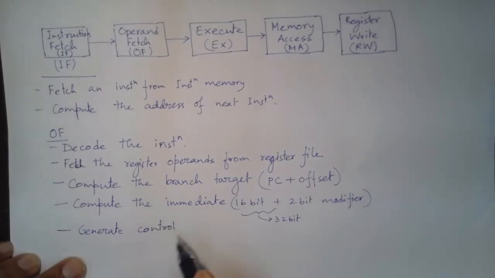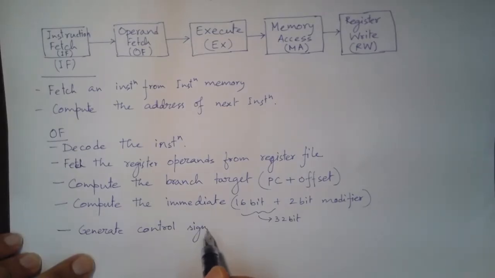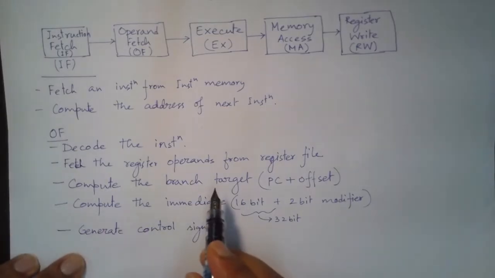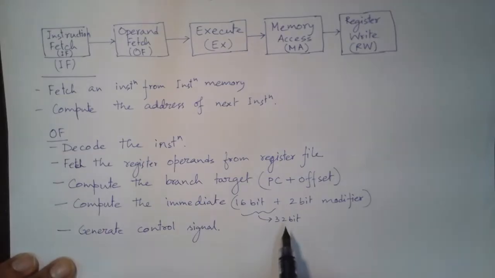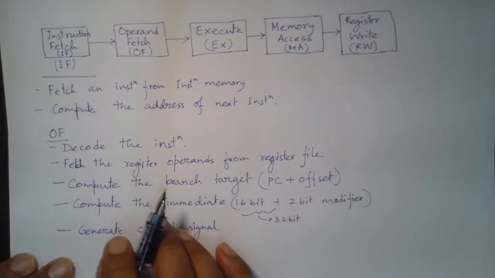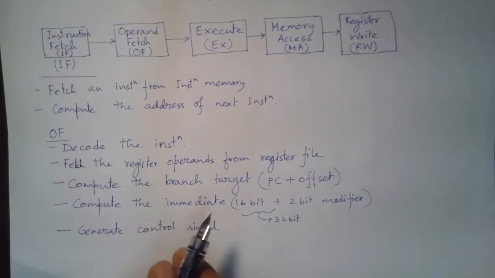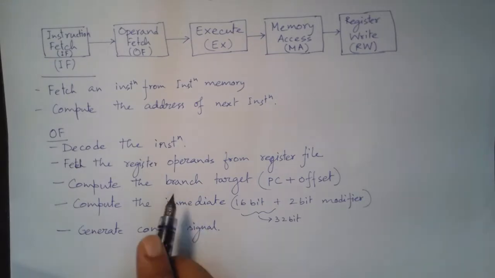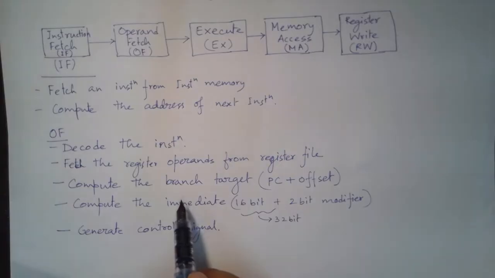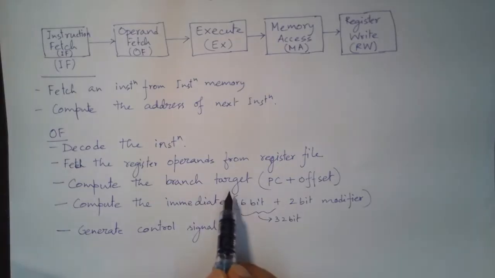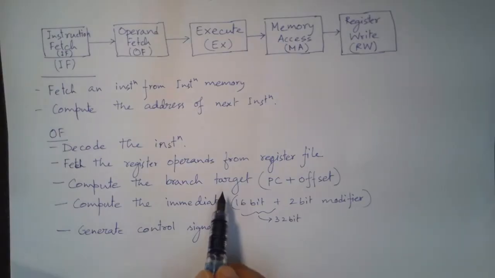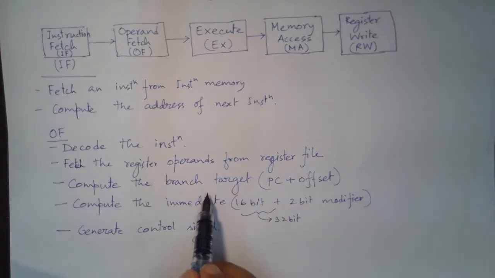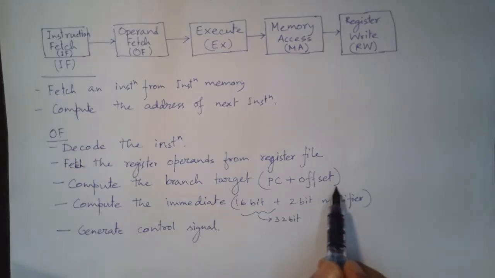If you intuitively look at it, you see that this decode stage or operand fetch stage is pretty extensive. What you are trying to do in this stage is look at what the instruction is, and depending on that figure out what operands are required. Sometimes it may be a new branch target that you need to calculate, because if it is an unconditional branch or call instruction, or let us say a return instruction, in all those cases you have to update your PC to a new location, and that PC needs to be updated with some offset.